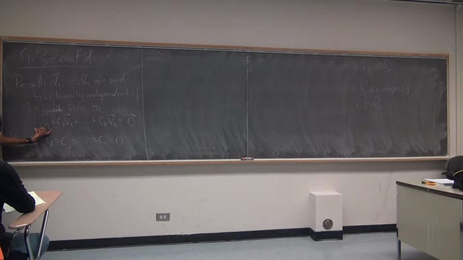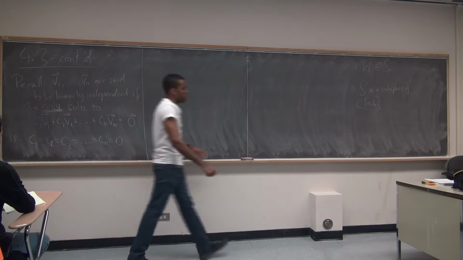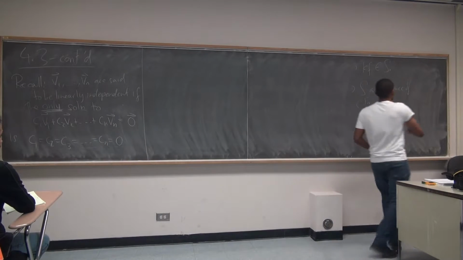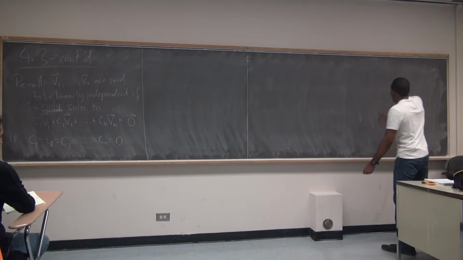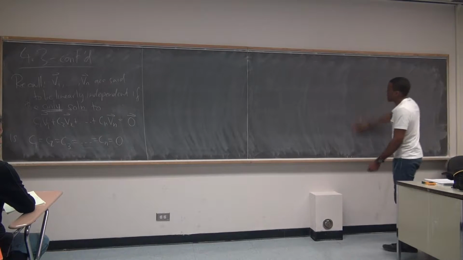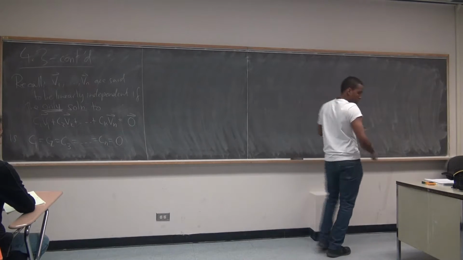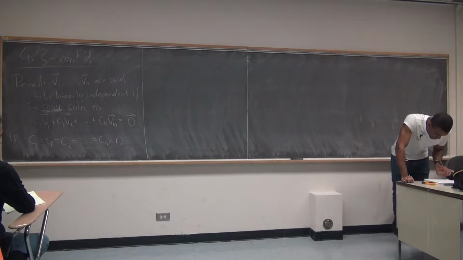So we don't like this redundancy for several reasons, which we will probably get to later. So whenever the only solution to this is everyone is 0, that's something that we'd like to happen. And when that happens, we say that the vectors are linearly independent. Okay. So I believe I defined that for you.